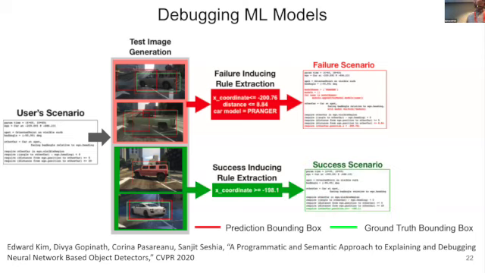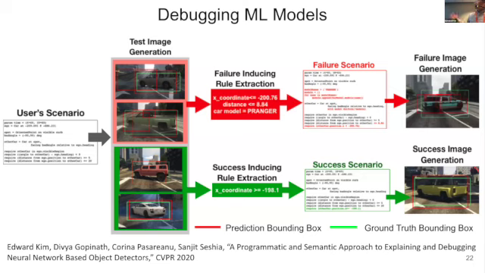Likewise for success inducing. And once you extract those rules, we can add those rules back to the original scenario that was given as an input to refine the distribution space of the Scenic program, and try to generate more data and see if that actually induces more failures or success from your system. In this way, you get an explainable interpretation at a semantic level of what semantic features are affecting your machine learning model's performance, as well as you can systematically generate sensor data that induces certain behaviors from your system or models.